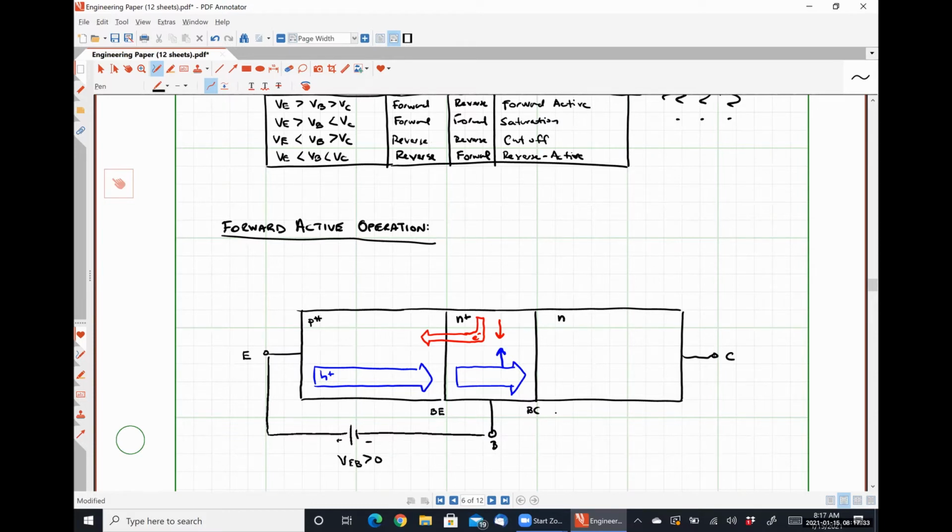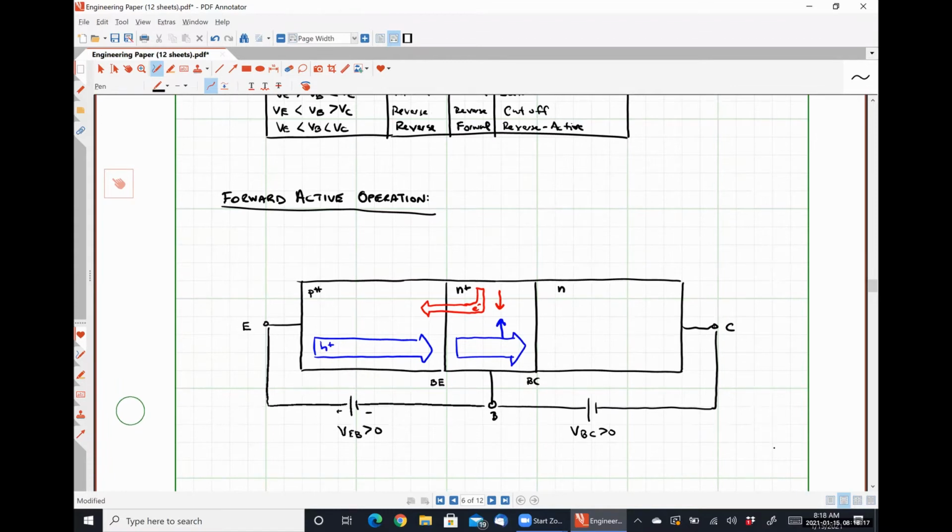So for reverse bias, the base needs to be at a higher potential than the collector. And obviously then VE is at a higher potential than VB, which is at a higher potential than VC.